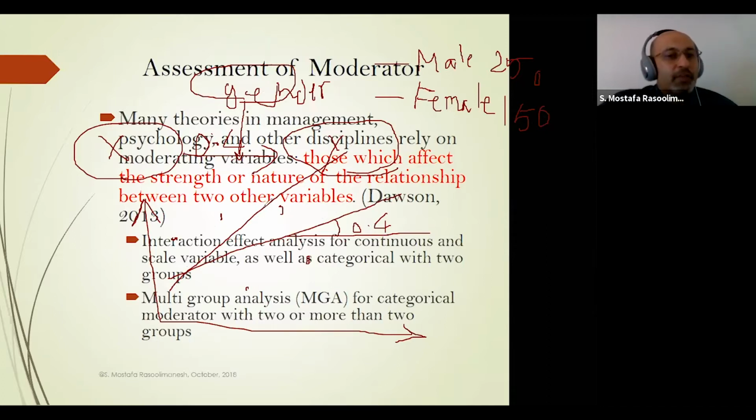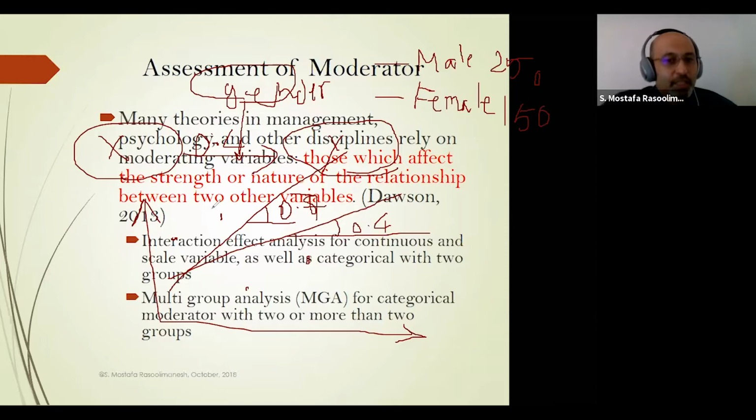The path coefficient, the beta coefficient, for the effect of x to y for male, for these 250 samples, is 0.8 or 0.7.